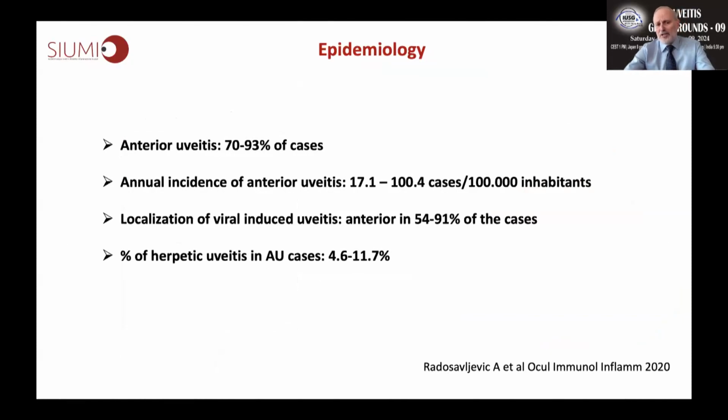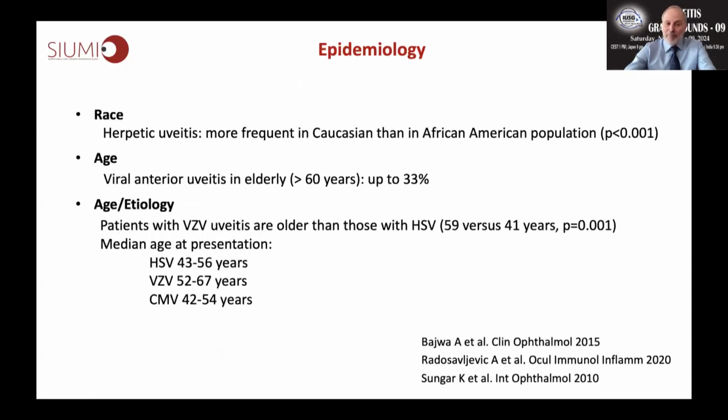Everybody knows that anterior uveitis accounts for 70 to 93% of all the cases of uveitis, and the localization of viral-induced uveitis ranges between 54 to 90% of the cases in the anterior chamber. The percentage of herpetic uveitis among anterior uveitis cases is between 5 and 12%, although these data are coming from two different series in Northern Europe and one from Asia.